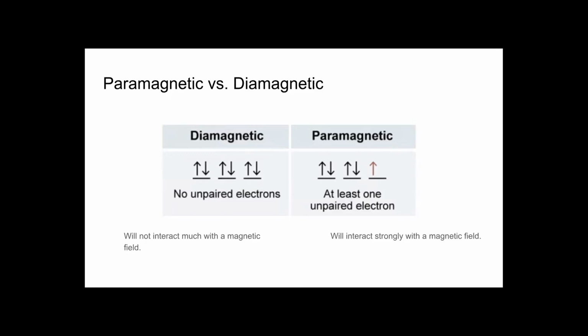There's no need to interact with an external magnetic field. But here, everyone has a partner except for at least one. So this one electron will be much more likely to interact with an external force, because it wants a partner. It wants another object with it so that it can be a little more stable.